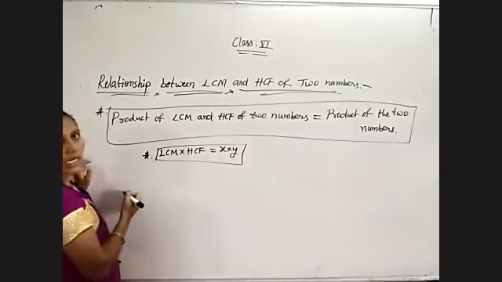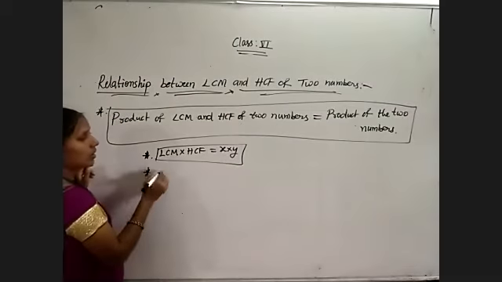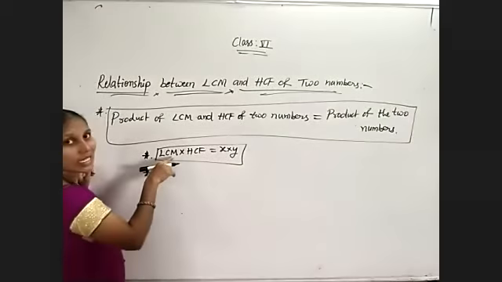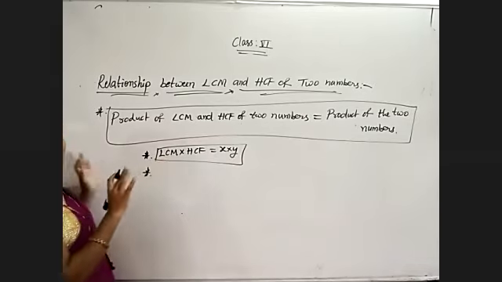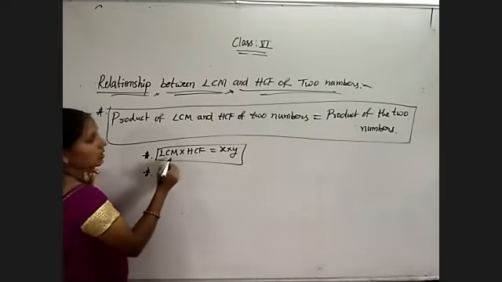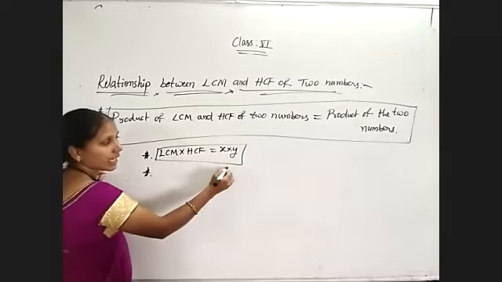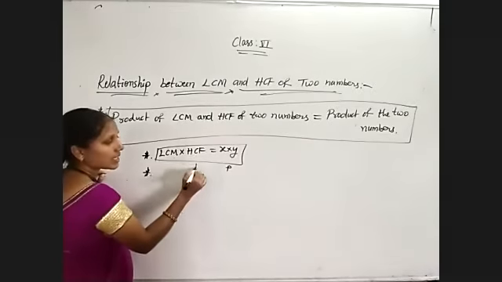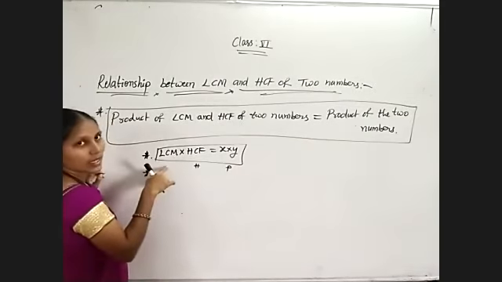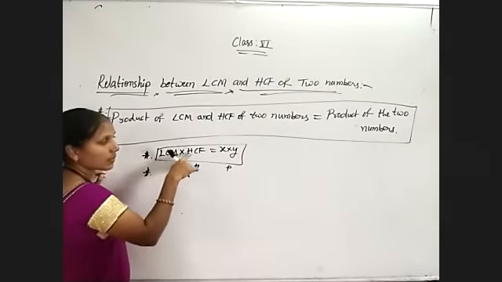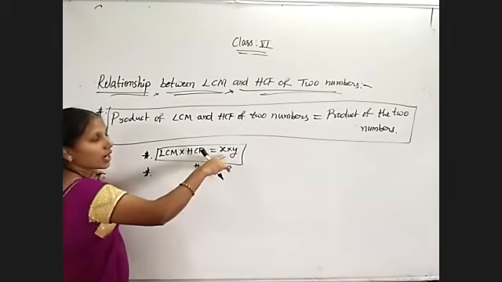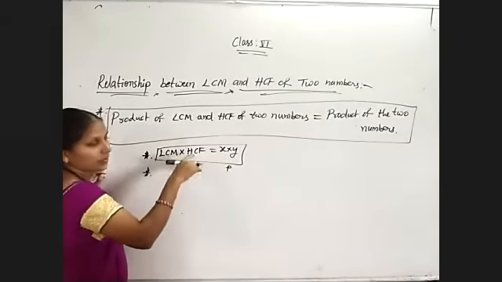Now, if we need to find out LCM, here how many values are unknown for us? LCM, HCF, two numbers. If they are given the product of the numbers and HCF also given, but they did not give LCM, then to find out LCM, bring this HCF this side. That is product of the numbers by HCF. Yes or no?